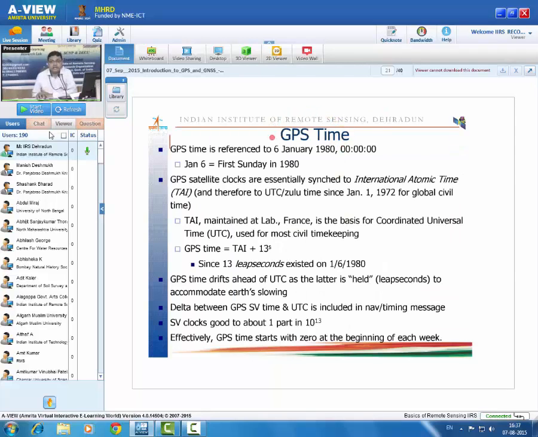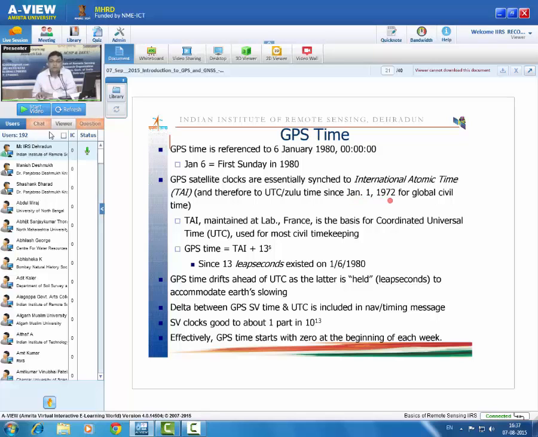So GPS time is little different from the universal coordinated time. GPS time is considered to be started on 6 January 1980 at 0 hours. It was the first Sunday of 1980. The UTC timing, which is as per the Zulu calendar, and it is considered as the civilian time across the globe.